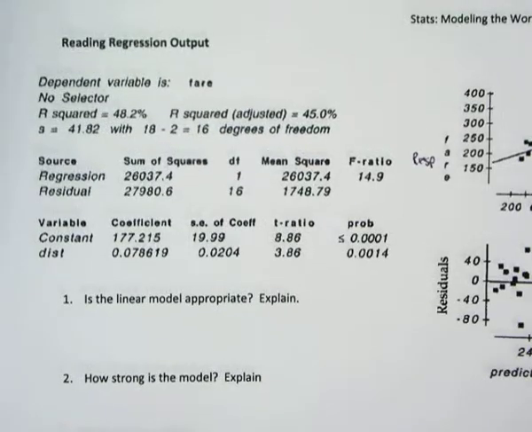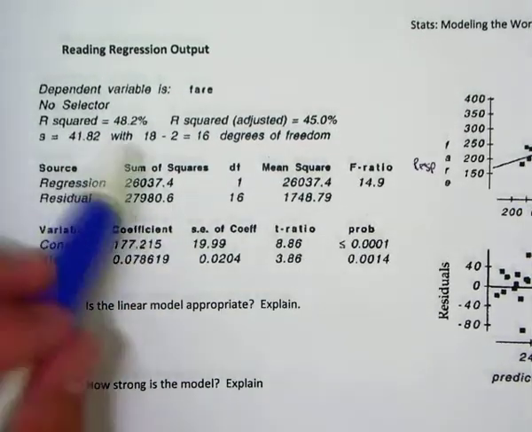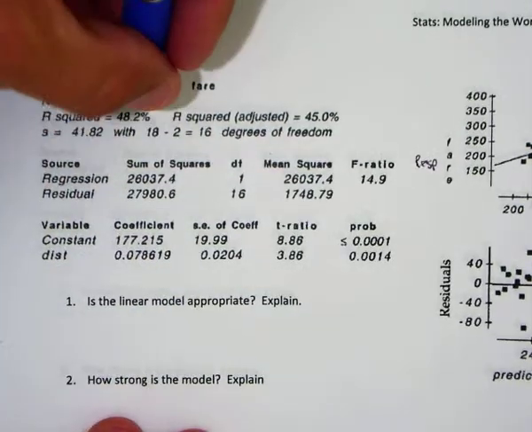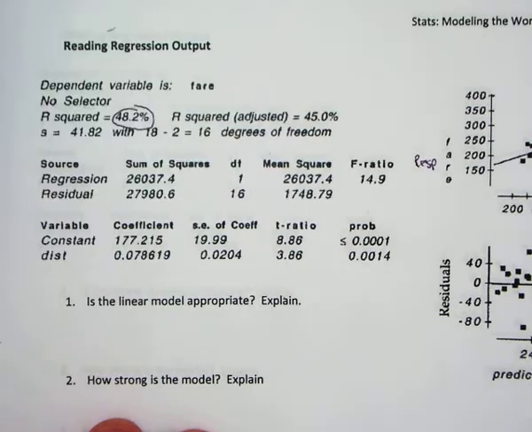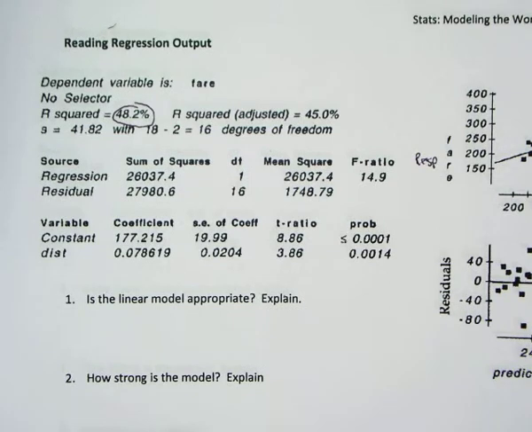The second thing I want you to look at is r squared. So r squared is right here. There's one right next to it called r squared adjusted, and we're not going to use that. We're just going to use r squared.